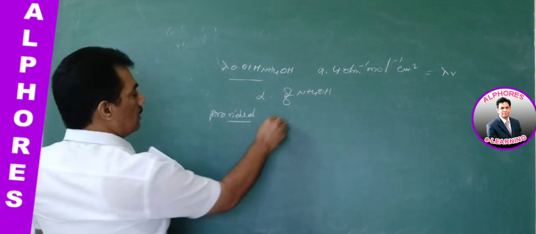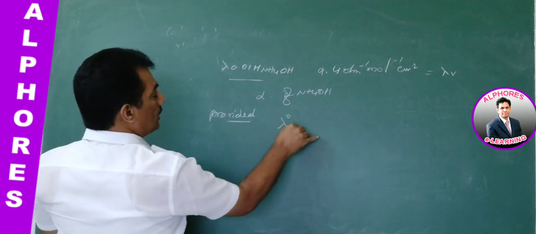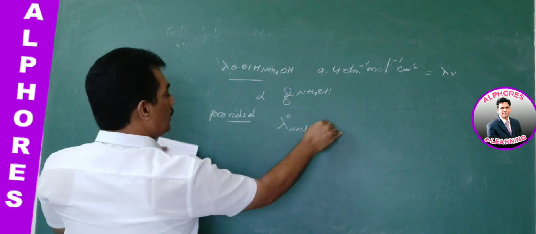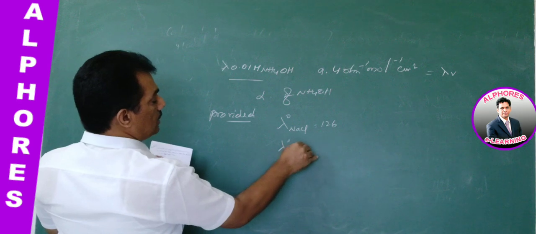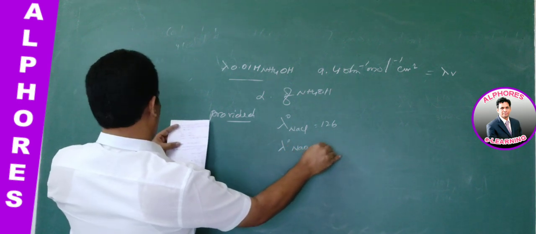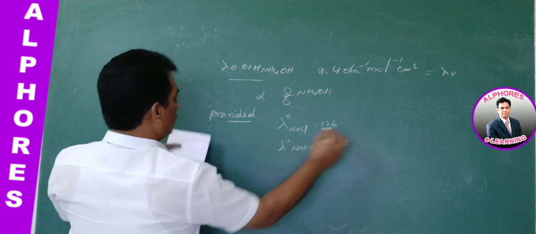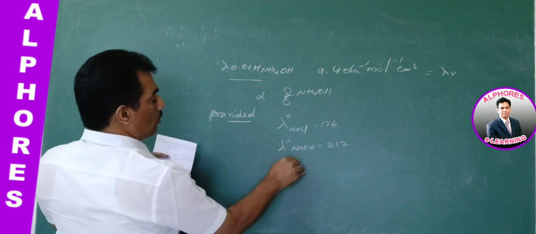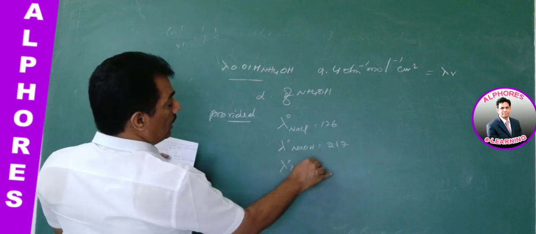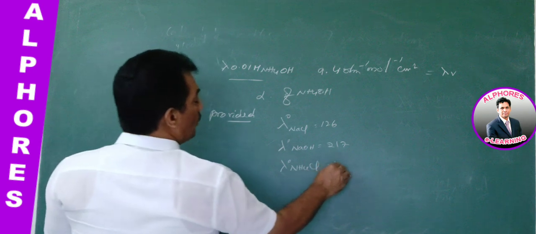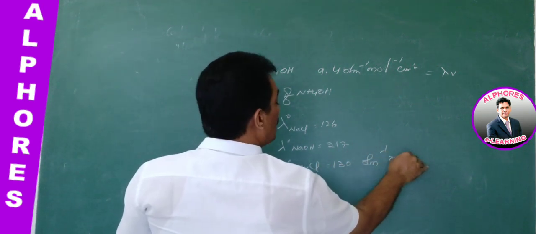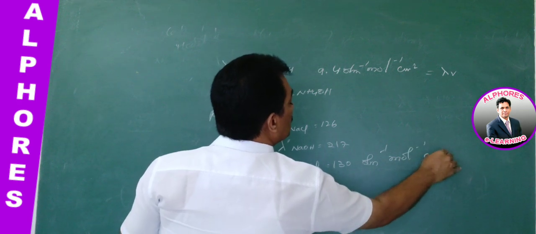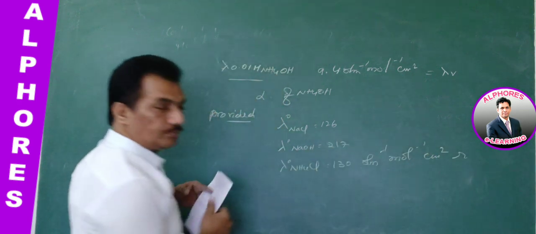They give lambda infinite of NaCl electrolyte as 126, and then lambda naught NaOH as 217, and lambda naught NH4Cl electrolyte as 130 ohm inverse mole inverse centimeter square respectively.